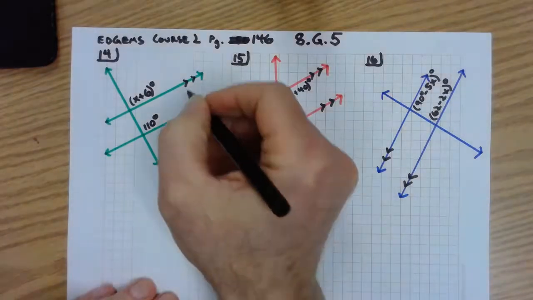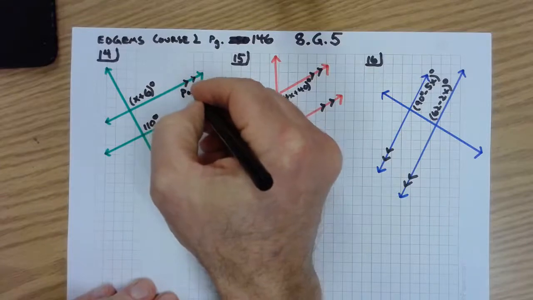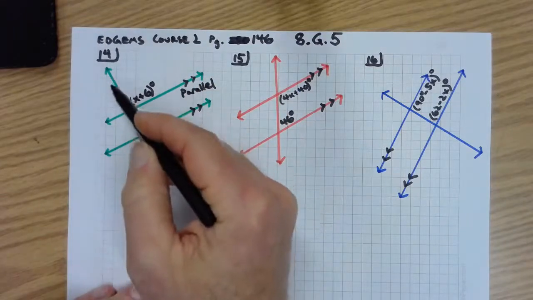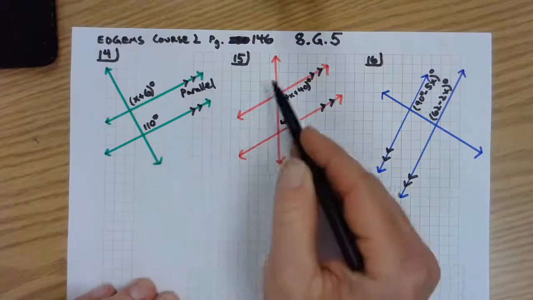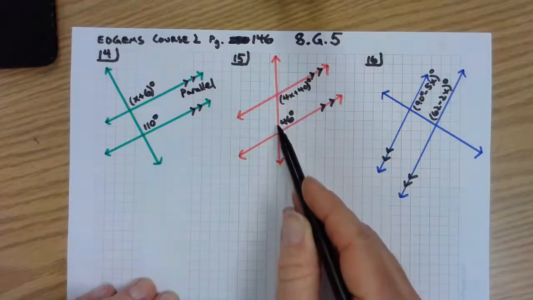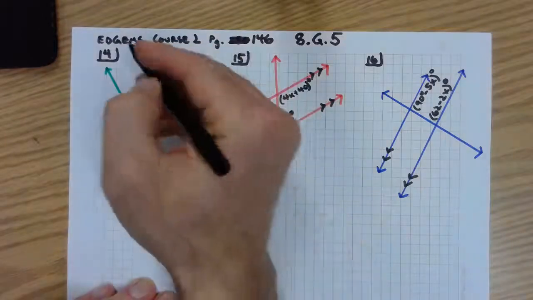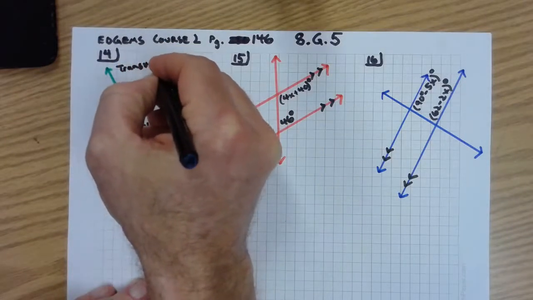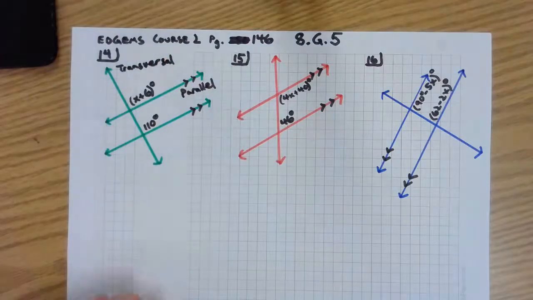Remember these little guys here indicate parallel. So we have parallel lines, and what's this thing called? This thing has the same name, different color. Transversal, correct. And you don't have to have parallel lines to have a transversal. A transversal just merely cuts through two or more lines, which may or may not be parallel.